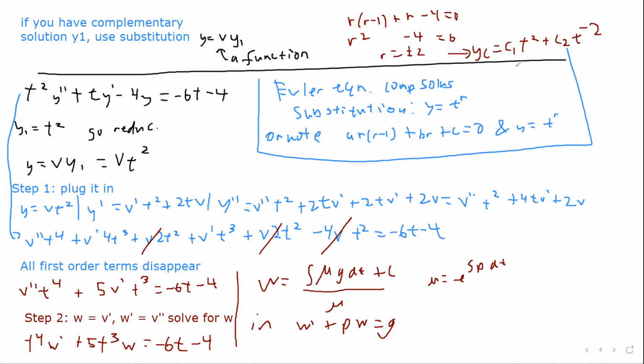She won't do it for Euler. I really don't think that she will. That's reduction of order.